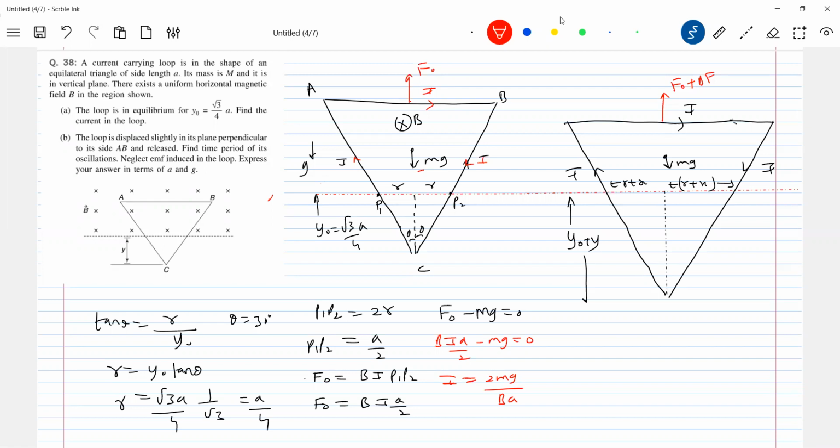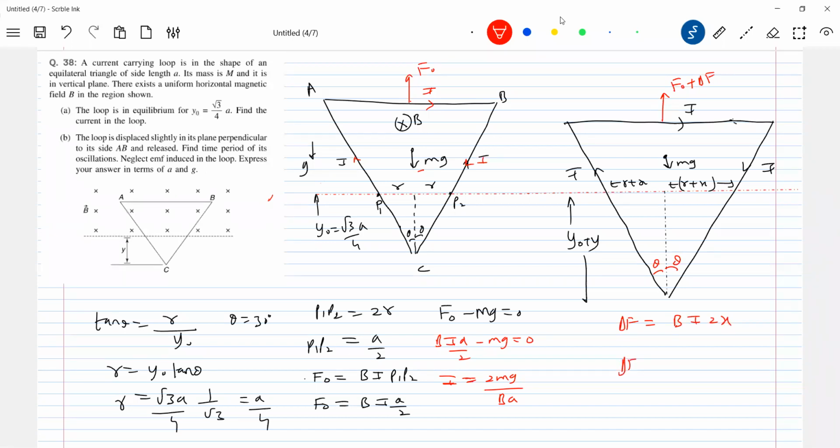I'm trying to straight away jump into the problem and conclude here rather than going for this again. So therefore, this theta will be as it is. So this is theta. And that additional force delta F should be equal to BI into 2x.